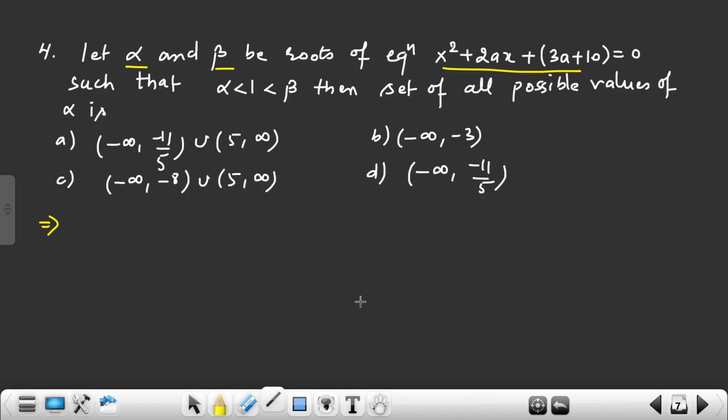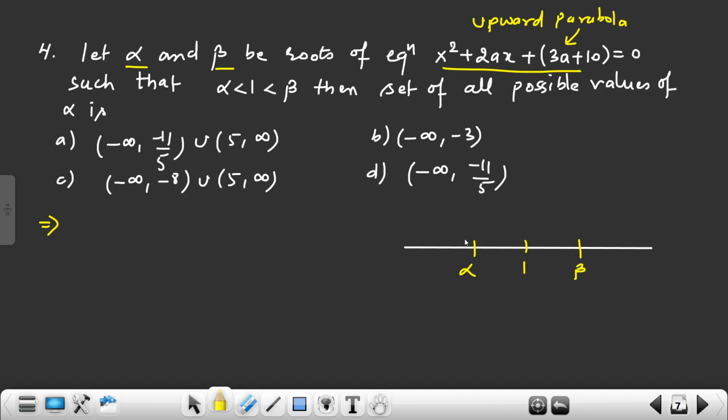Now let's see this one. I am trying to draw a number line. This is my number line. Now 1 is there, alpha is here, and beta is here. If you look at the equation, the leading coefficient is 1, so it is an upward parabola, something that goes like this.